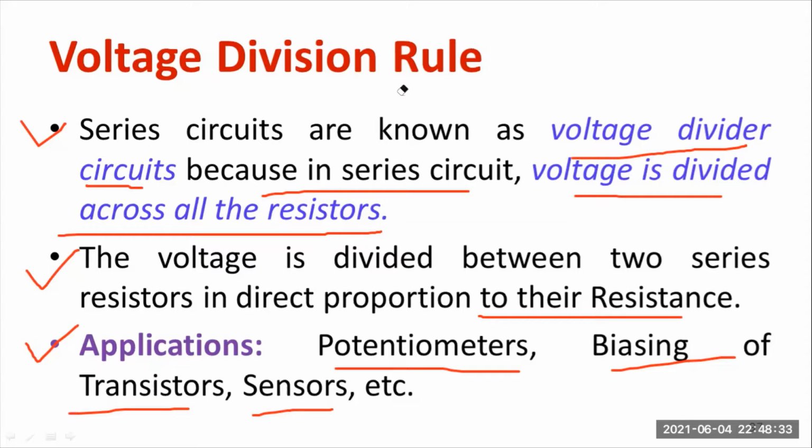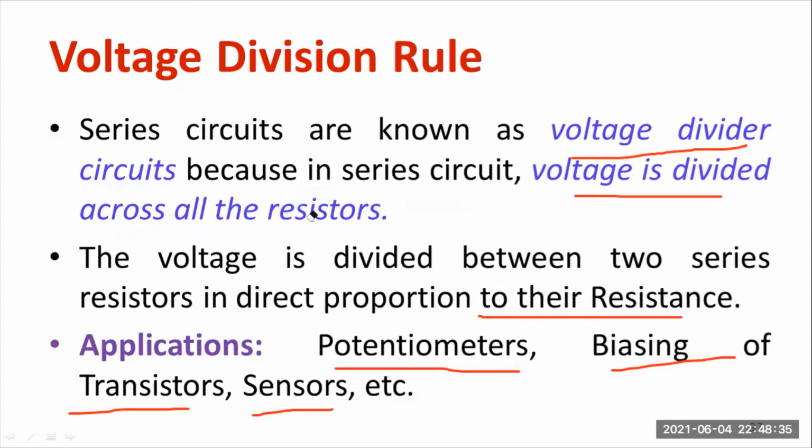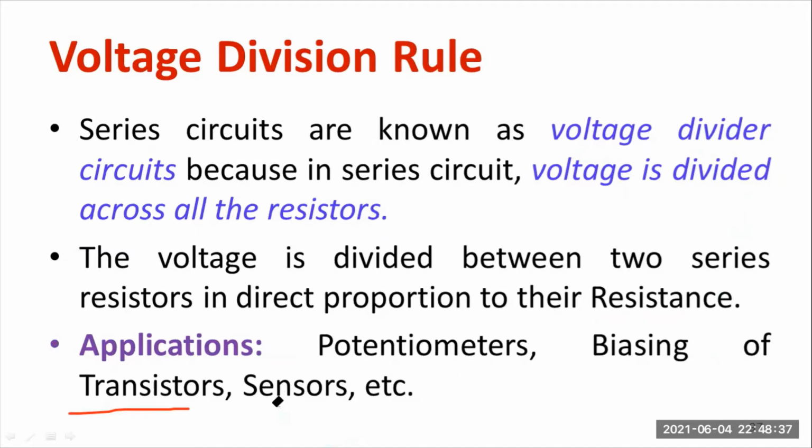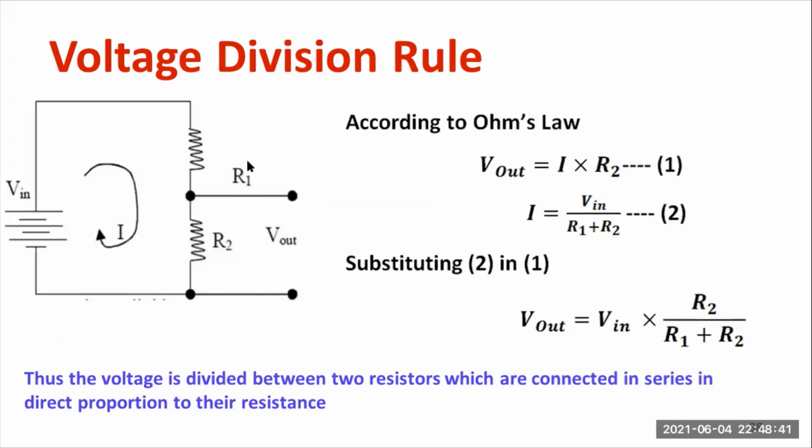Now, let us understand how you can apply the potential division rule or voltage division rule for a given simple DC circuit. You can observe we have a simple DC circuit. V in is the input voltage, a DC supply, positive and negative.